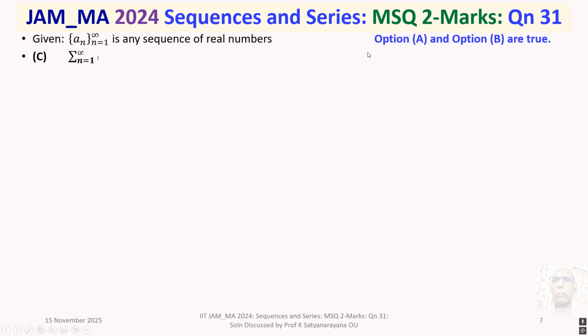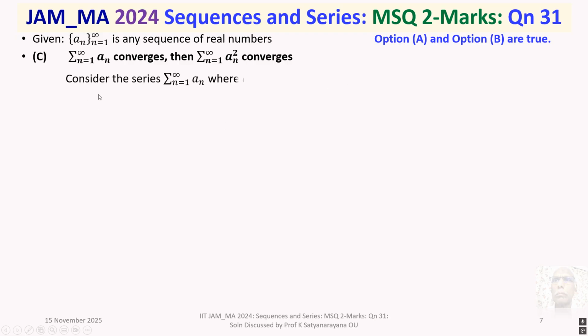So we consider here option C: if sigma n equals 1 to infinity of an converges, then sigma n equals 1 to infinity of an square also converges. For this we give a counter example. Consider the series sigma an, where an is minus 1 to the power of n plus 1 by root n.